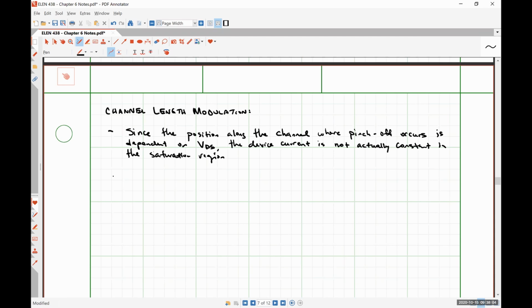Instead, device current depends on a channel length modulation coefficient.